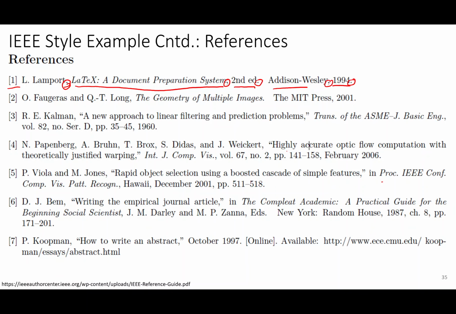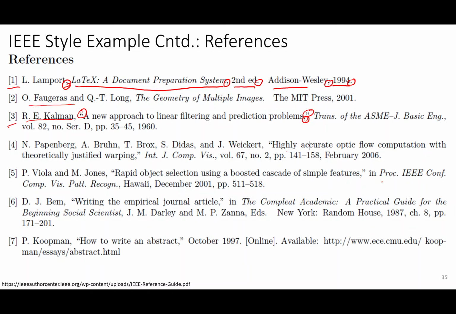Do not do this listing of the references manually, but use some tool, Microsoft Word or any other thing that you use, or LaTeX. So this is also a book, and this is the article, Rudolf E. Kalman. The article title is in quotation marks and the comma here. See, a new approach to linear filtering and prediction problems, Transactions of the ASME journal, whatever.